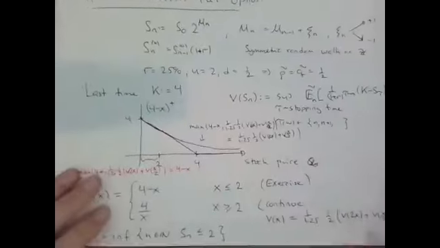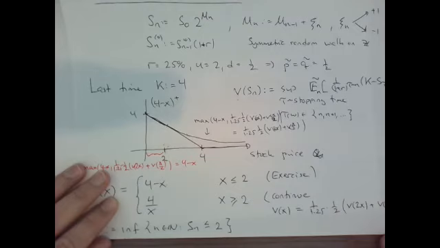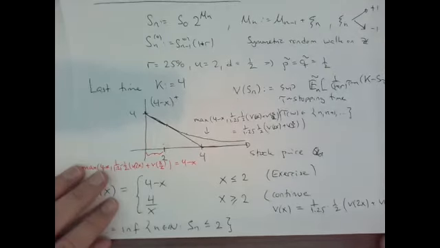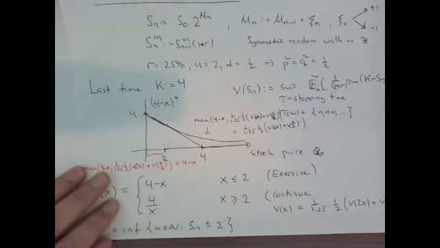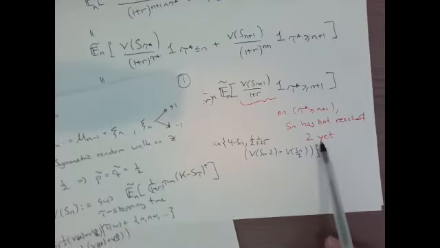Where is the stock process? Is it in here or is it out here? I think it's in the first part. Well, Sn has not reached 2 yet.